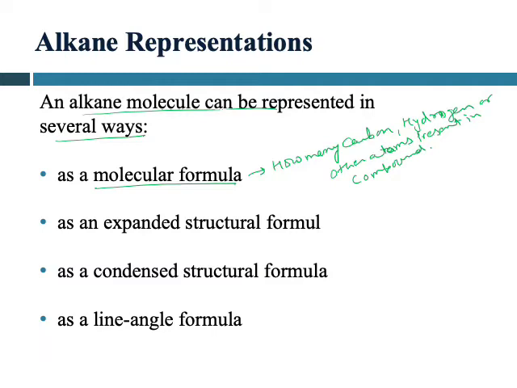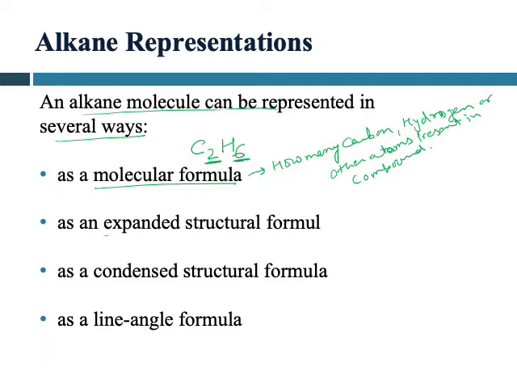For example, C2H6 is a molecular formula. By looking at this formula, I can easily say this compound has 2 carbons and 6 hydrogens. But we don't know the structural formula, how it looks in structure.